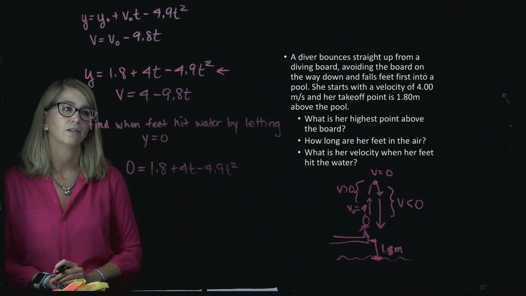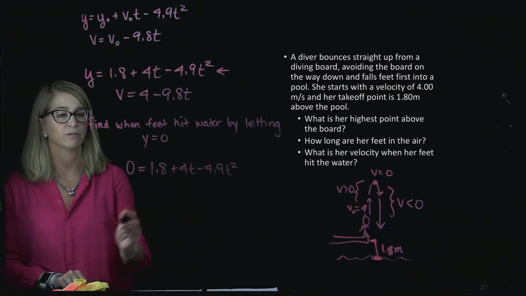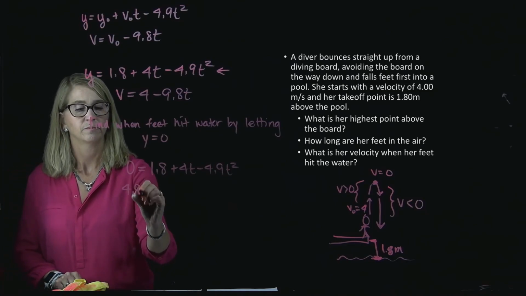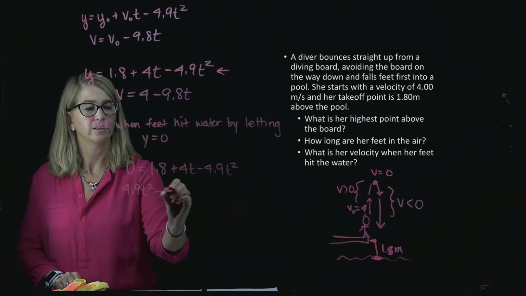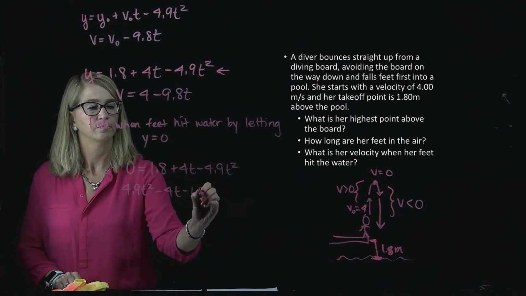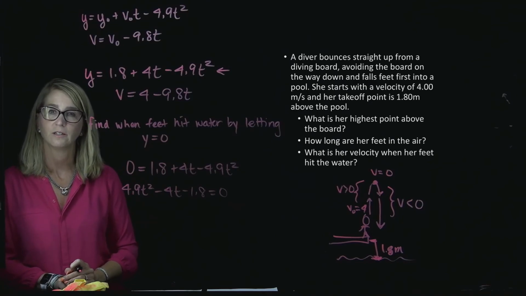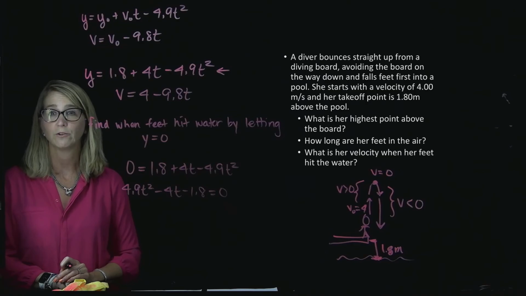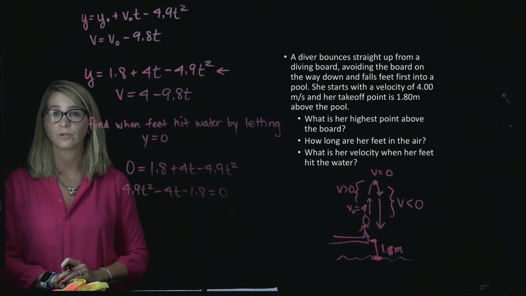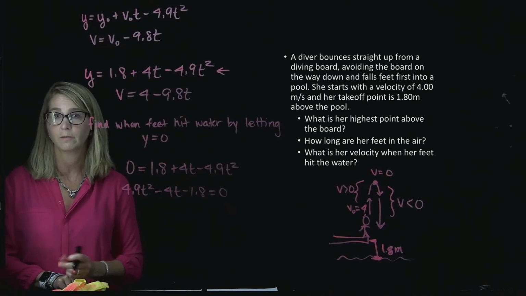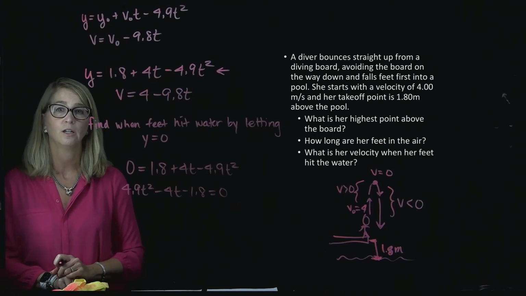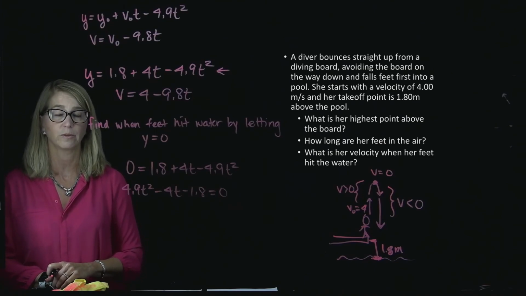Ugh, it's quadratic. I'm going to rearrange it because I like to look at it this way. I don't like to have the negative sign in front of the t squared. And then I have to use the quadratic formula in order to solve this. Or if you're smart, maybe you have your calculator programmed to solve the quadratic formula.